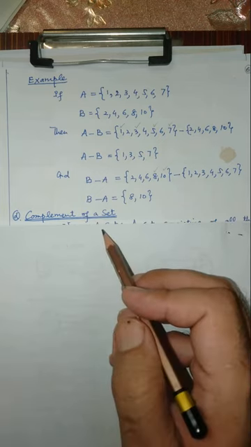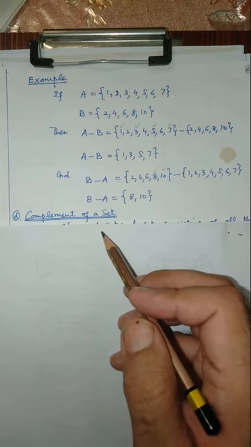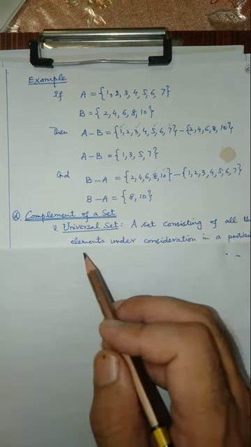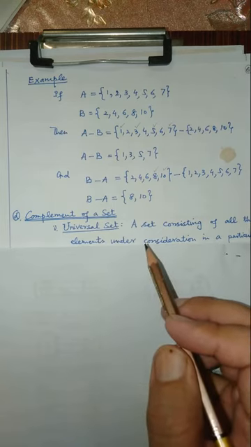Now complement of a set. Another term is complement of sets. Universal set: first we define universal set.